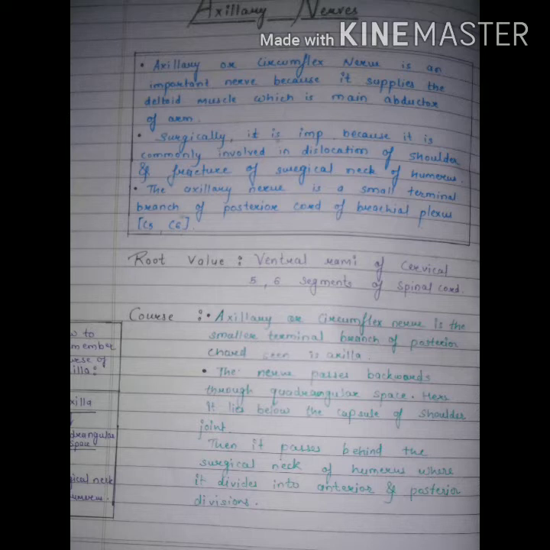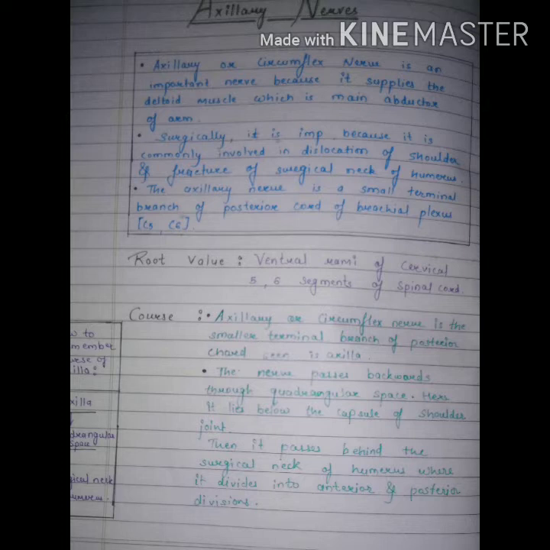After that the nerve passes backward through the quadrangular space. Here it lies below the capsule of the shoulder joint. If you draw the diagram, you will be able to see clearly how it is coming and going to the quadrangular space.